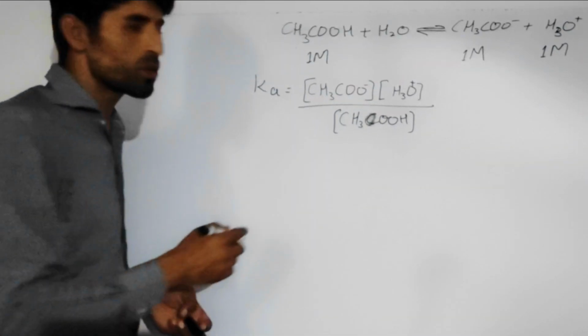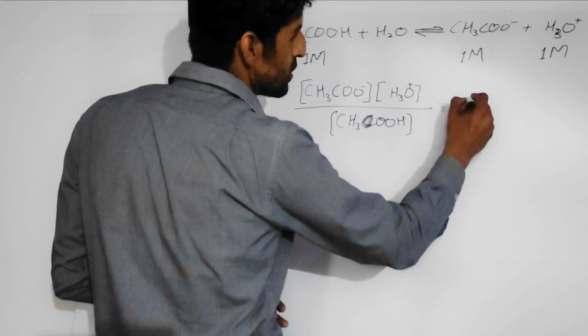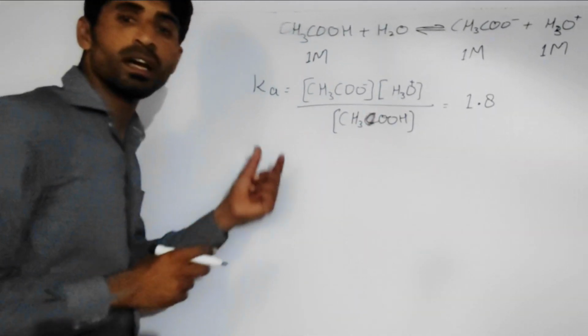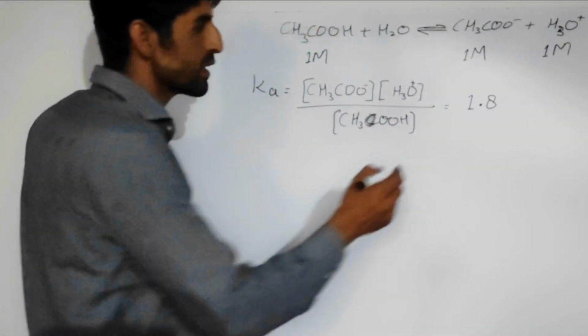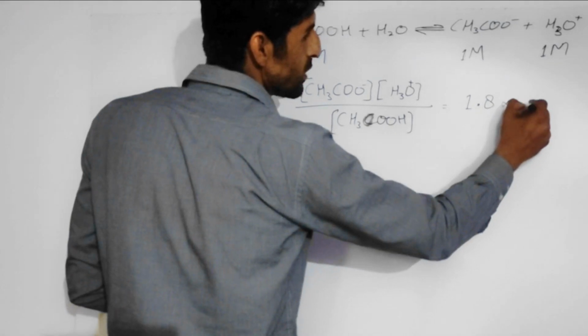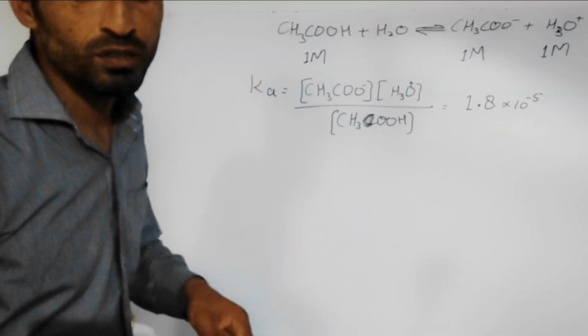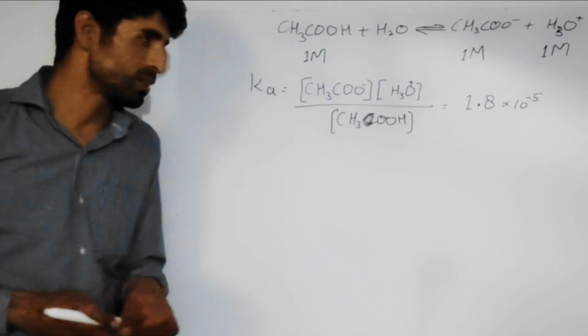By putting in the values, we find that the dissociation constant for acetic acid becomes 1.8 into 10 raised to power minus 5. This is the dissociation constant value for acetic acid.